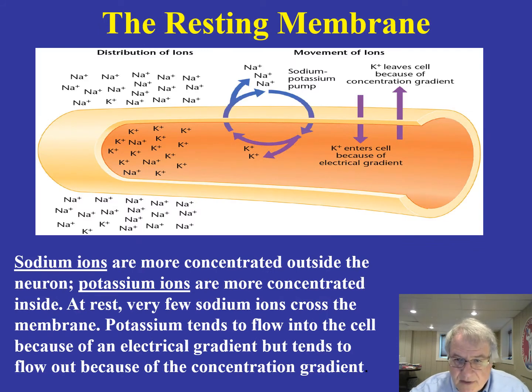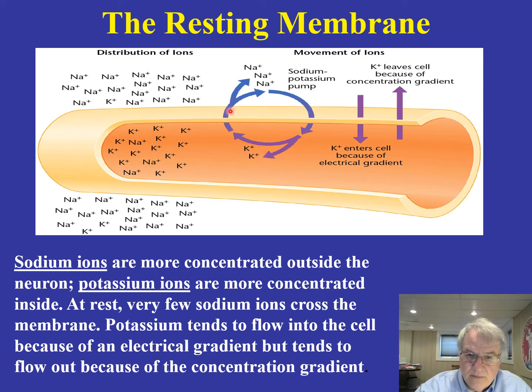So again, here's our axon that you see here. This is showing the distribution of ions. Again, this is in the resting state. This is primarily sodium that's on the outside, a little bit of potassium, not much. Mostly potassium on the inside, a little bit of sodium, but not much. So again, the movement of ions that you see here in terms of our sodium-potassium pump.